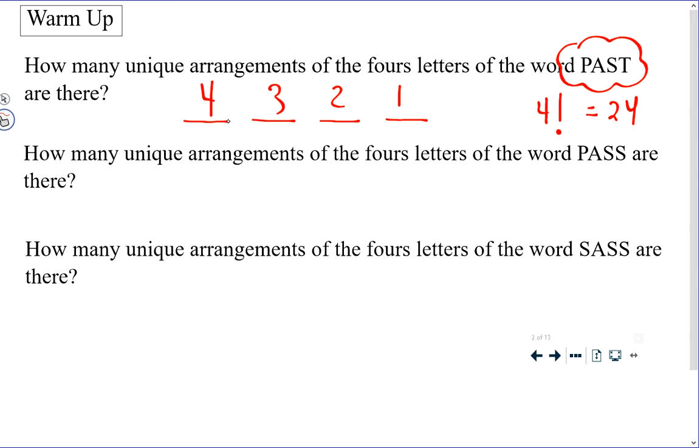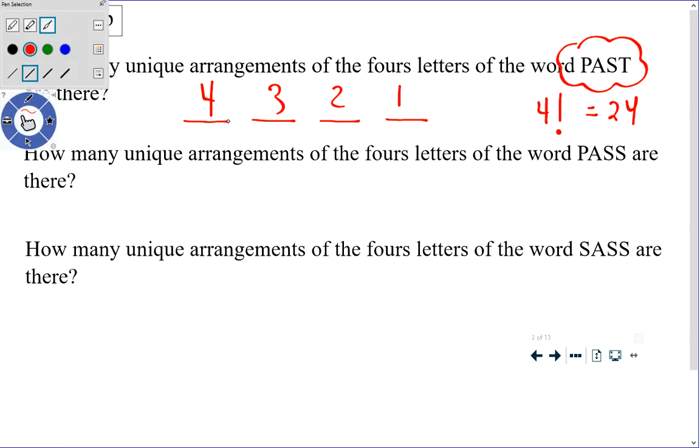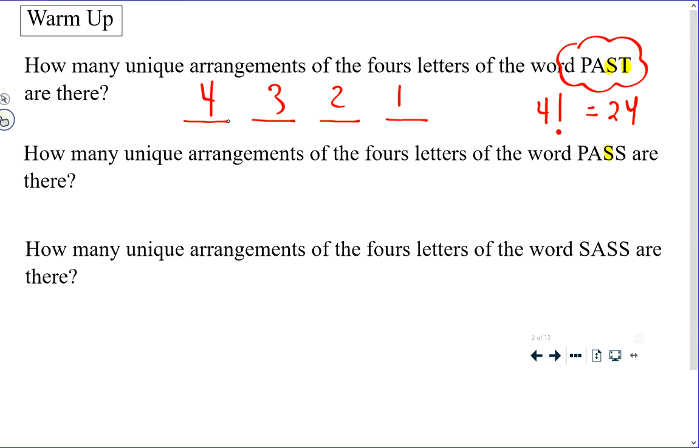So if I decide to switch, for example, in the word past, this S and this T, I get a different arrangement. I get pats. But if I decide to switch this S in the word pass and this S in the word pass, I still have the word pass.